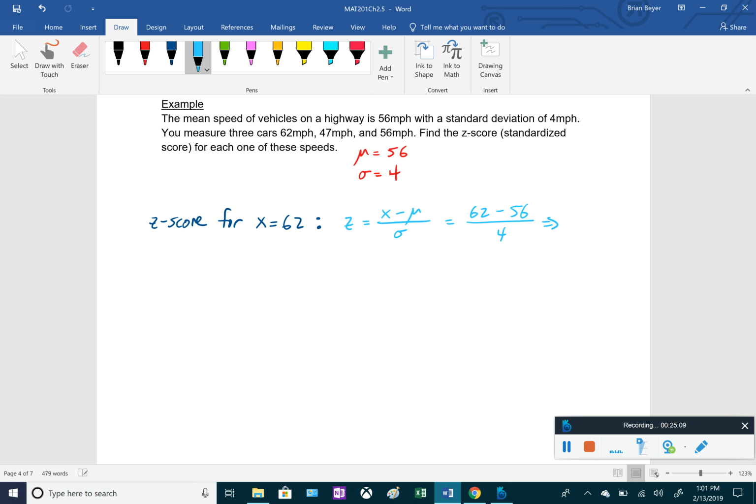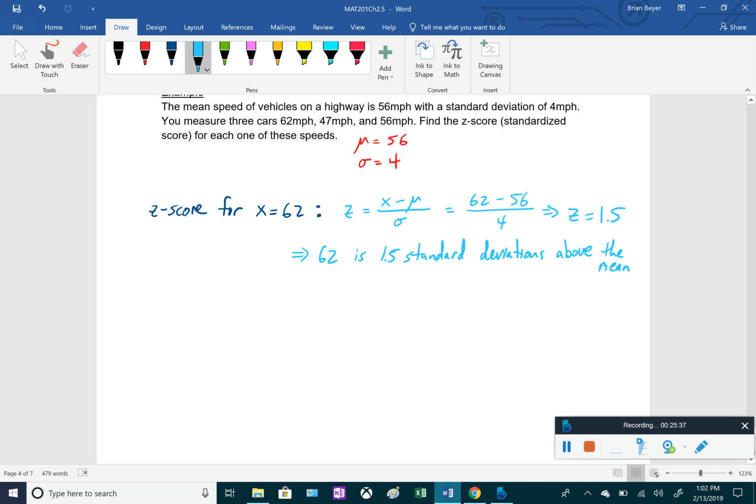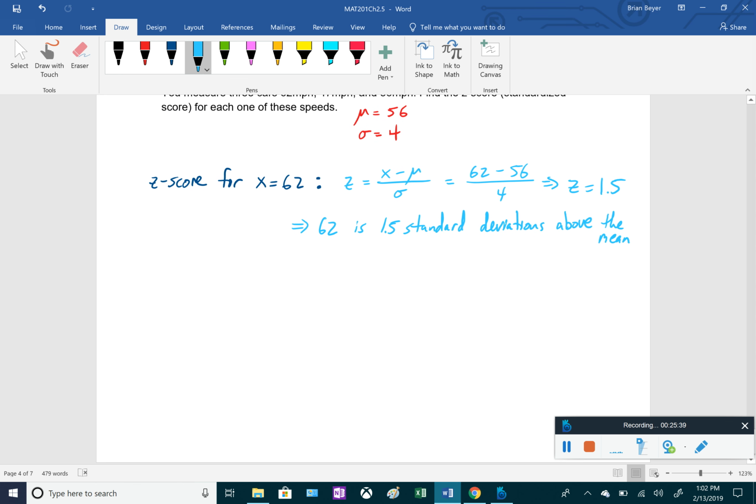When calculating this, if you're throwing it in the calculator all at once, make sure you have parentheses around that whole numerator. So 62 minus 56 is 6, and 6 divided by 4 is 1.5. So z equals 1.5. What this means is that the data entry of 62 is 1.5 standard deviations above the mean. We know it was above the mean because it was positive.